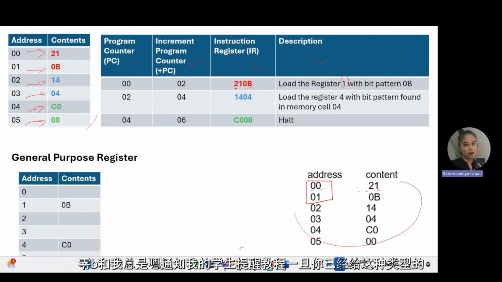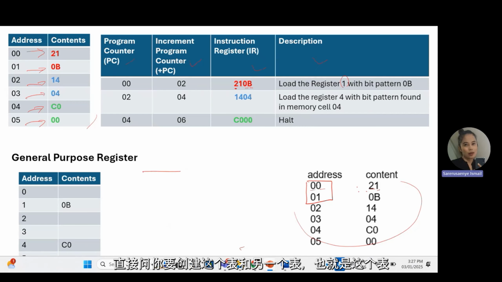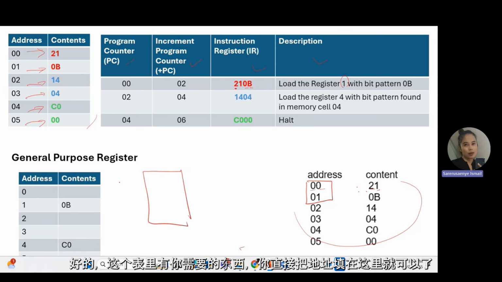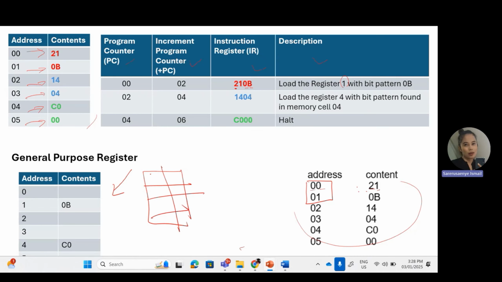I always inform my students during my tutorial, once you've been given this type of question, directly create this table and another table, which is this table. Same as before, you just directly put in the address: address number 0, address number 1, 2, 3, 4, 5, and 6.